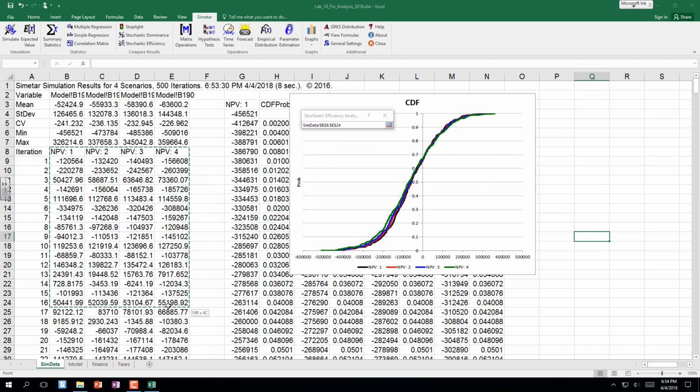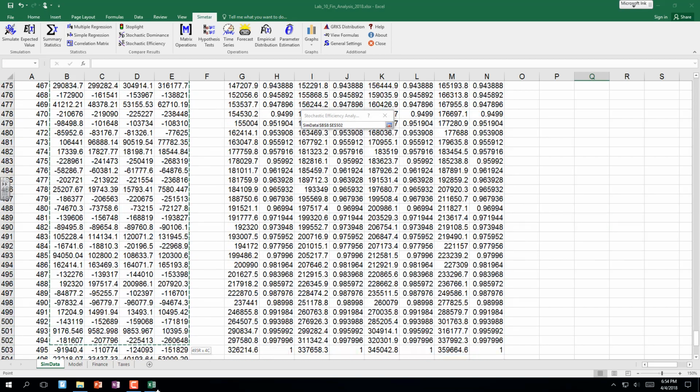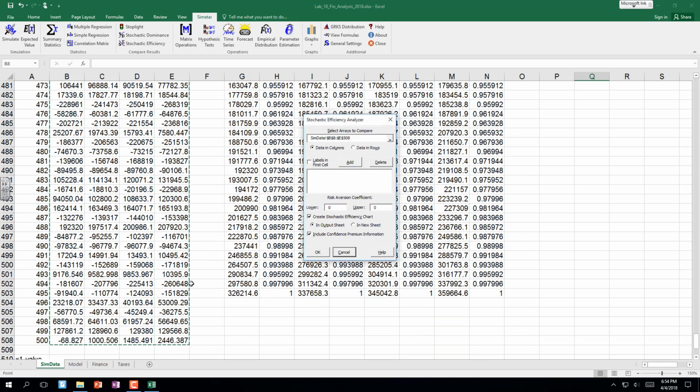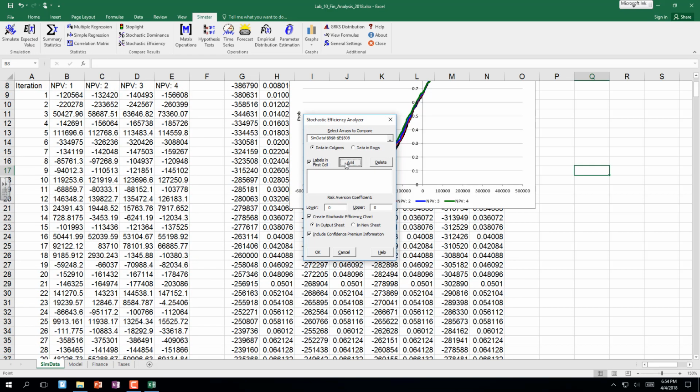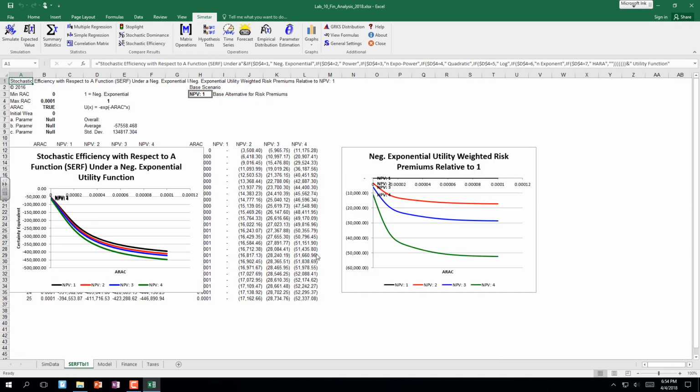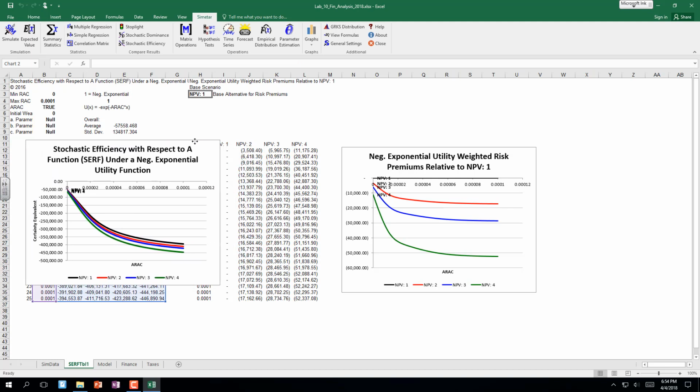So I'm going to highlight those 4. Labels, add. Now, when I first run Stoch, I'm going to put in a reasonable upper risk aversion coefficient of 0.3 zeros and 1. I can always experiment with it afterwards. Now, when you see a picture where it goes down like that, that's not a good one.